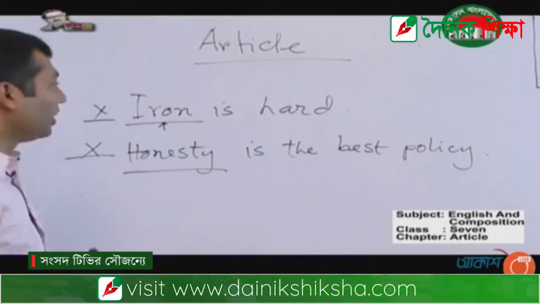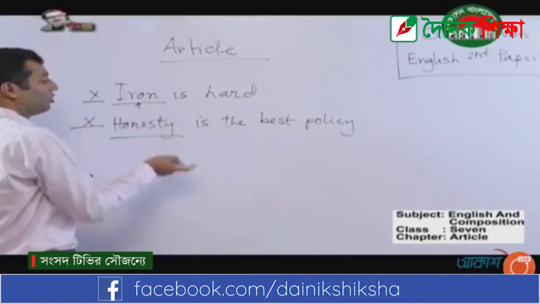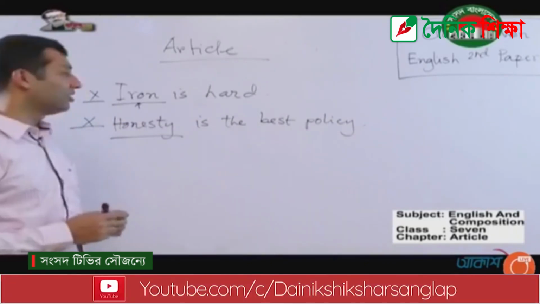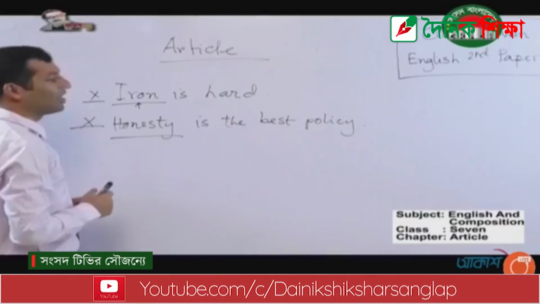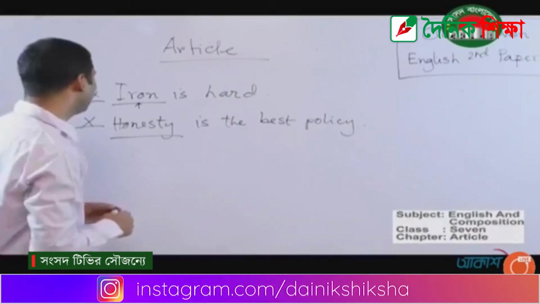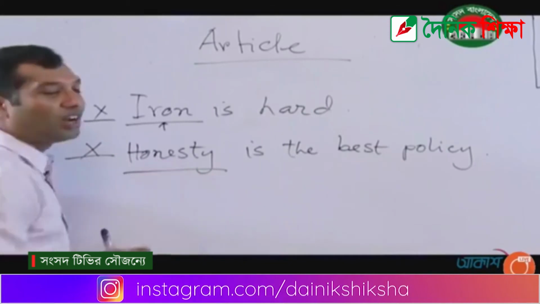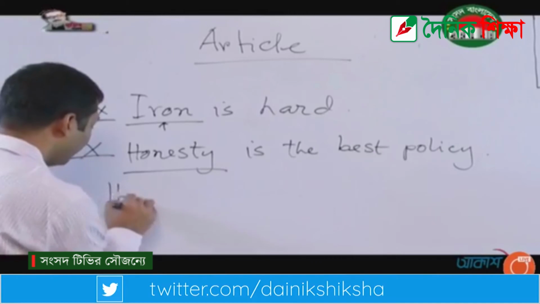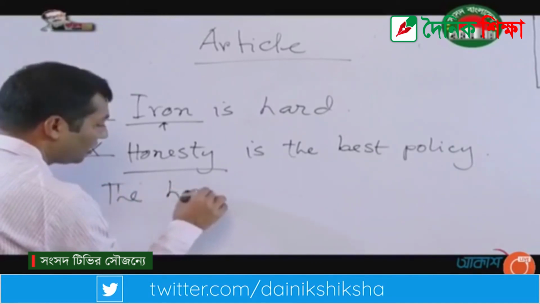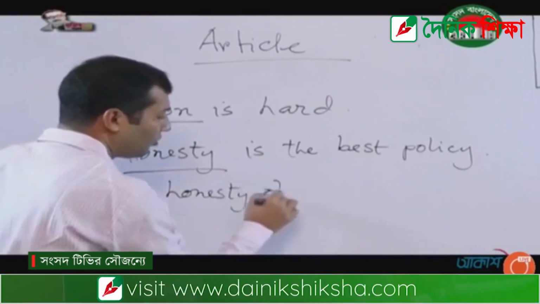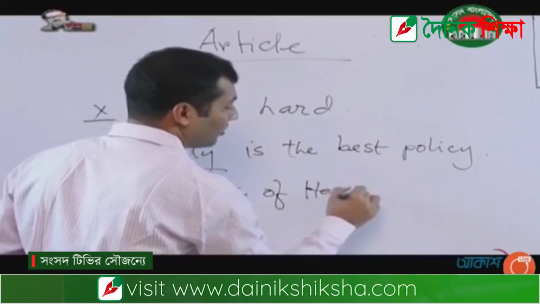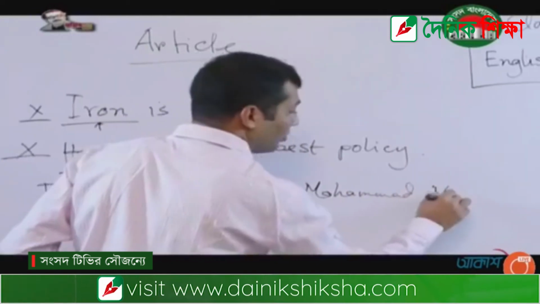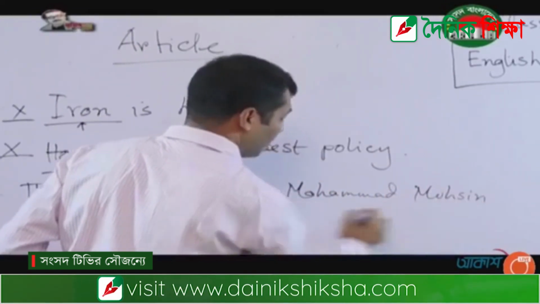But remember, if the material noun or the abstract noun is meant definitely, then they always take the article the before them. For example, the honesty of Haji Muhammad Mohsin is praiseworthy.